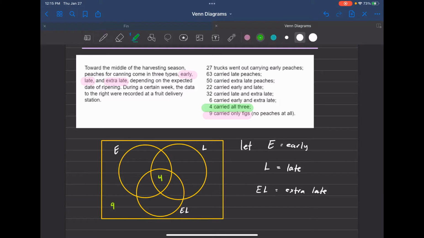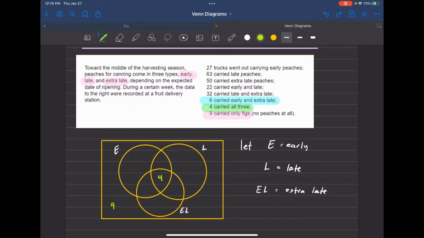Now the next piece of information we have is this one. So 6 carries early and extra late. So let's take a look at which region would that be. So early is all of this, and extra late is all of this. So that means early and extra late is this region right here. So we know 6 of them should be in that region. Therefore, we already know 4 of them is in there.